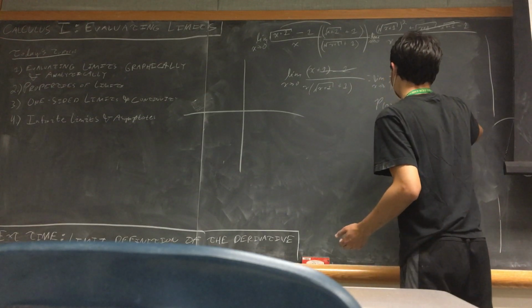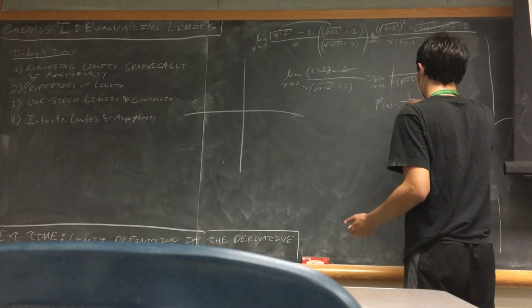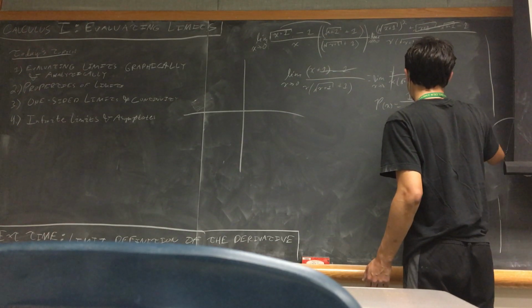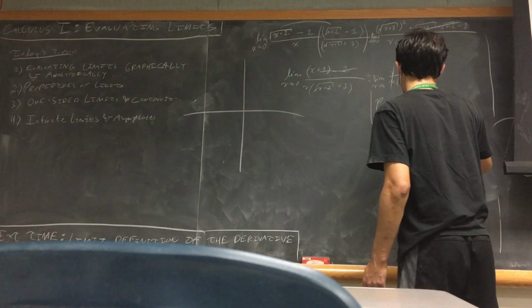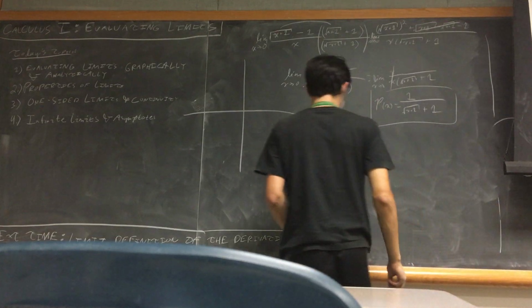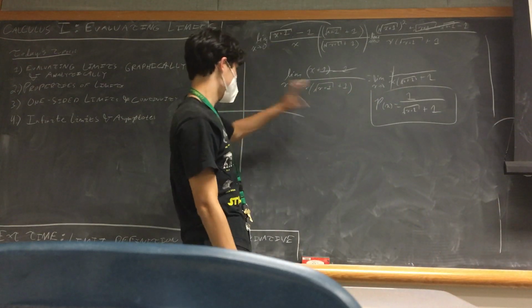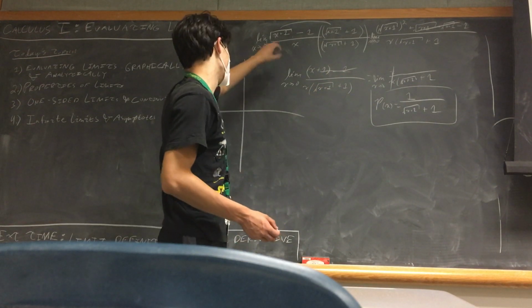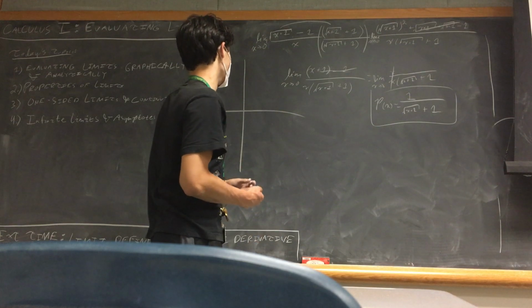P of x is equal to 1 over square root of x plus 1 plus 1. And these functions are equivalent on their domains whenever x is unequal to -1.